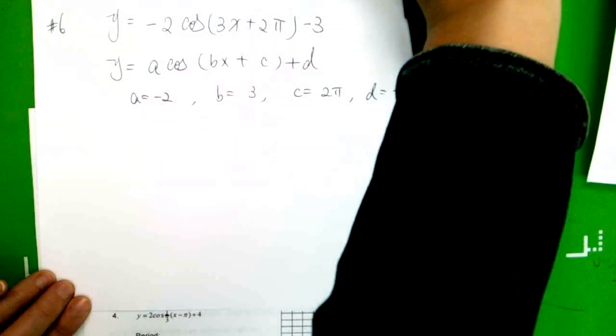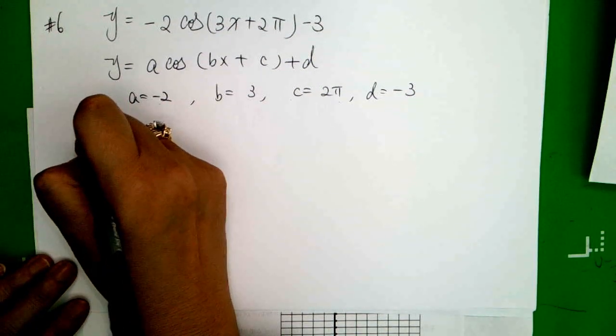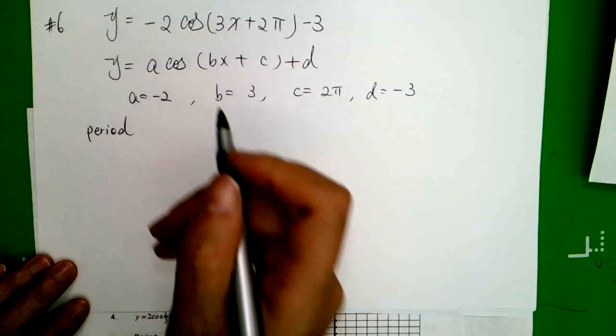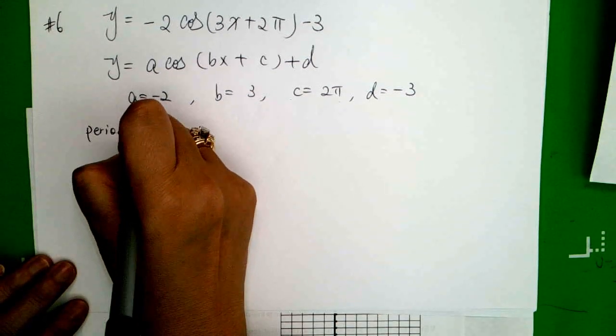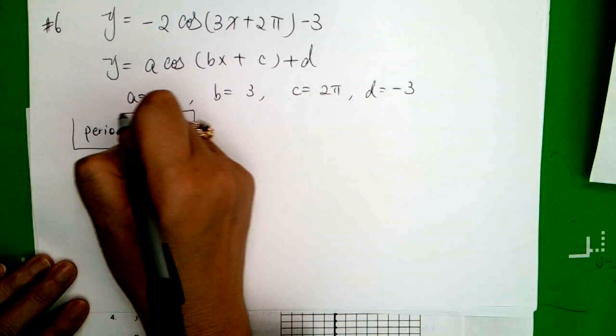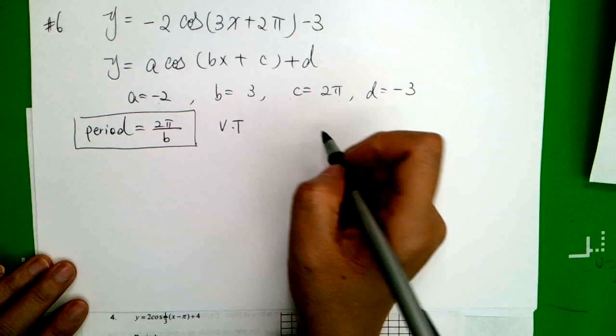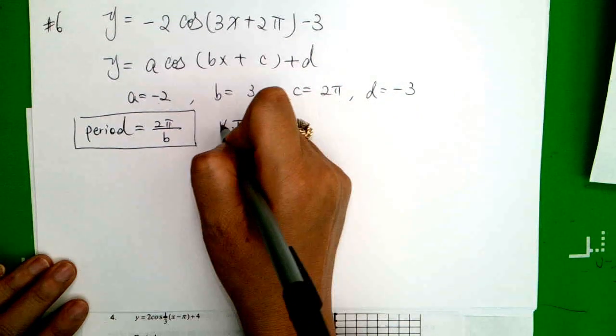Okay, so the couple things we need to figure out, the first one will be the period of the function, which equals 2 pi over b. We need to know the vertical translation, which is decided by the d value.